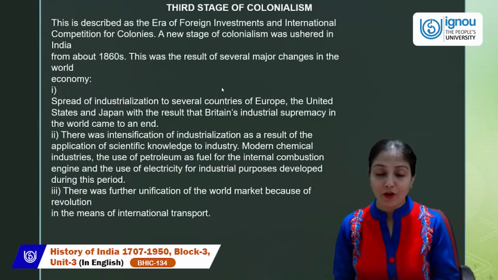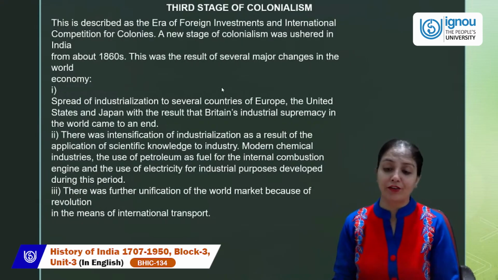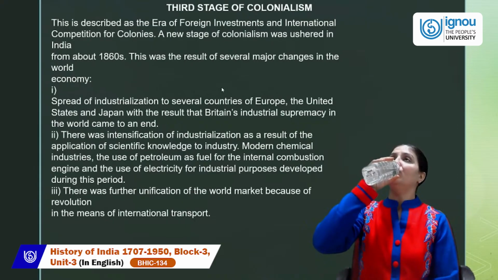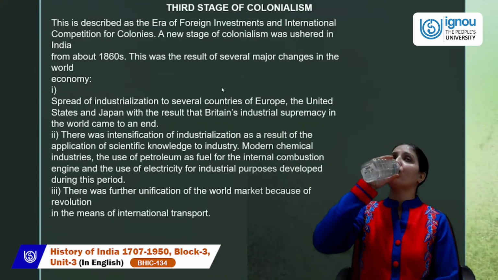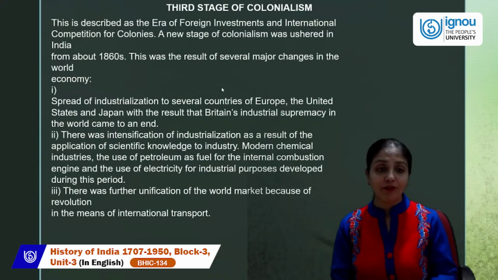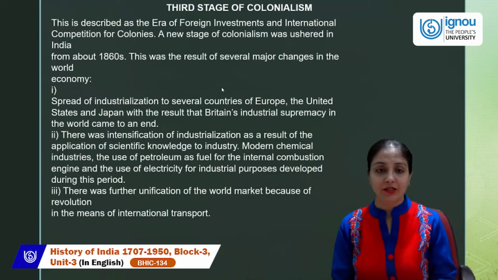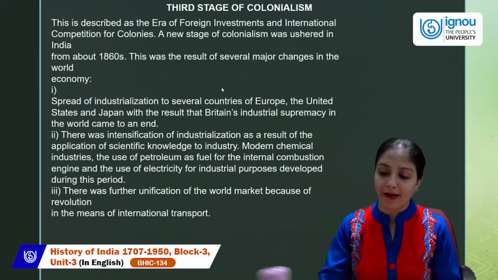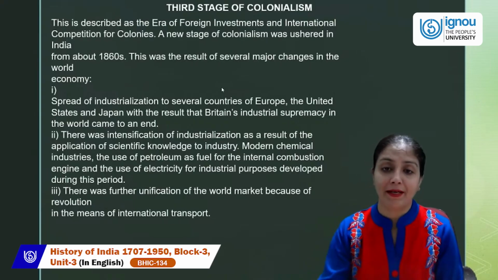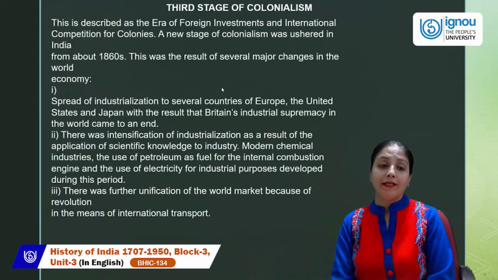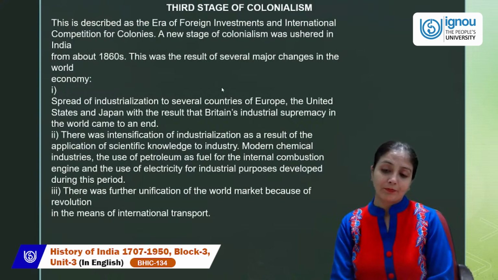Number one, the spread of industrialization to several countries of Europe, the United States and Japan, with the result that Britain's industrial supremacy in the world came to an end.